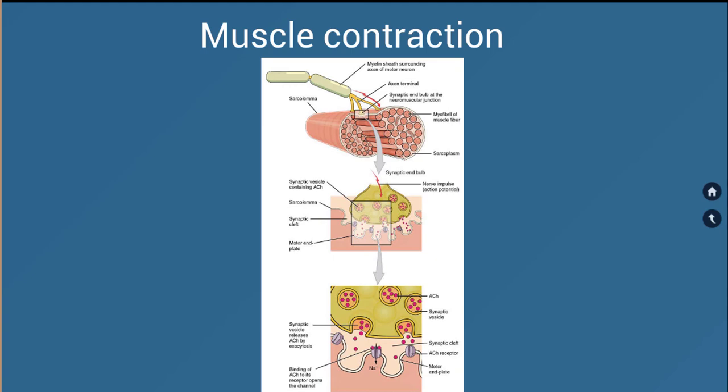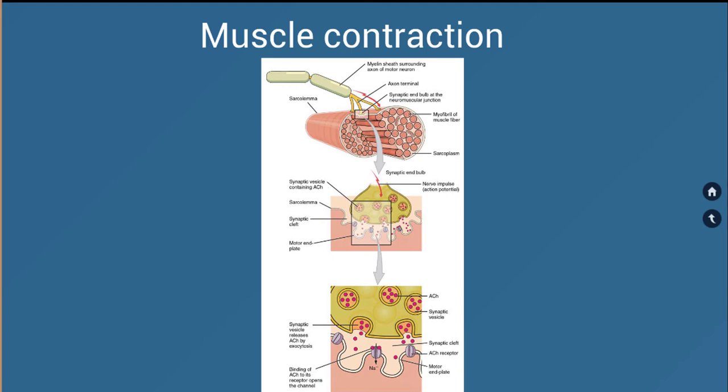As long as calcium ions remain in the sarcoplasm to bind to troponin, and as long as ATP is available, the muscle fiber will continue to shorten. Sarcomeres will shorten, and the whole muscle fiber and whole muscle will shorten.